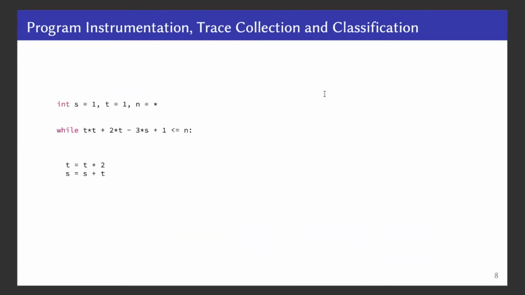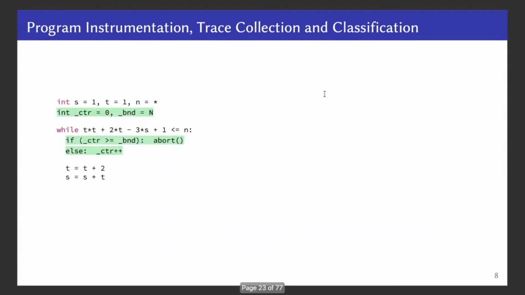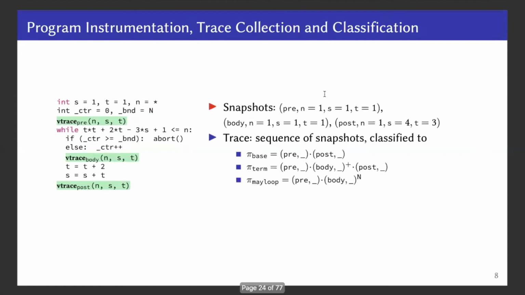In the data collection step, we first instrument each loop in the program with a counter on the number of iterations. There is an upper bound, and if the number of iterations exceeds the upper bound, we abort the program. We also instrument the loop with the special method vtrace to collect snapshots at 3 locations: right before the loop with vtrace pre, inside the loop with vtrace body, and after the loop with vtrace post.